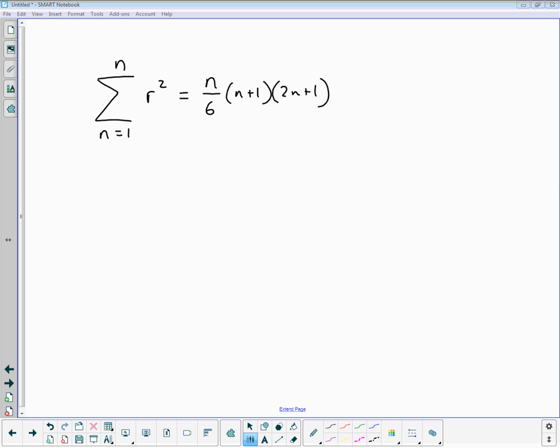All right, so let's do a base case. Base case is n equals what? 1.